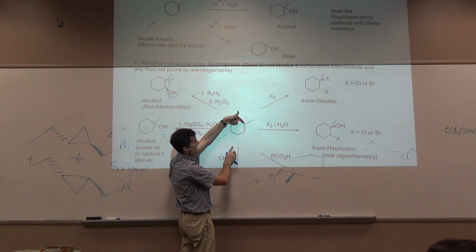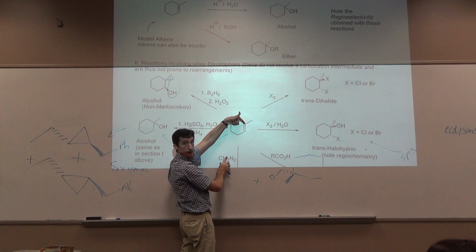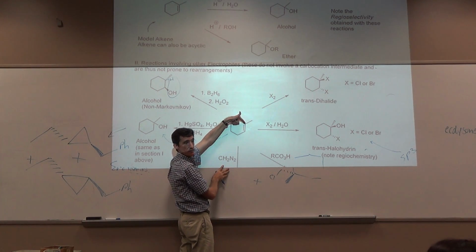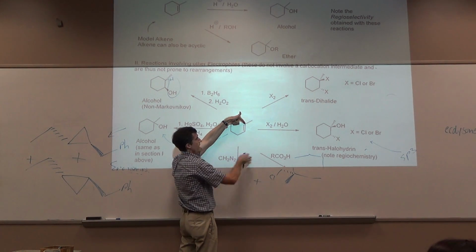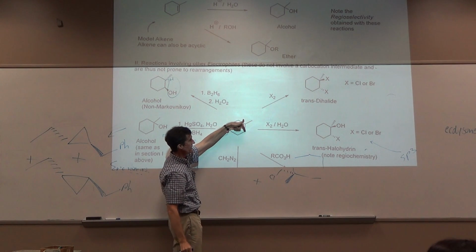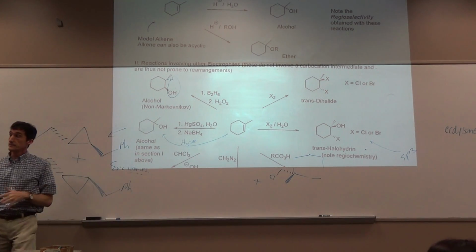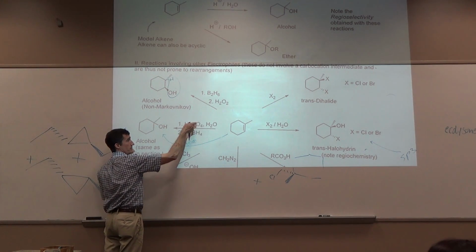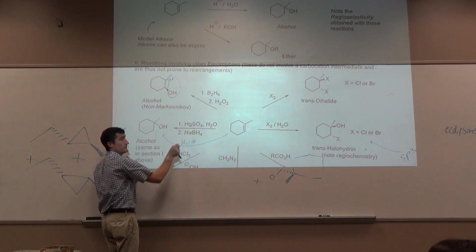And would you make cation at top or bottom? Top. You have a new H added there, cation at the top. Then what would add to the cation? Water. So you get an oxygen bonding up there, then you lose an H, and you'd have an OH there and an H here. That's what we got to. You see? This is mercury, by the way. This and H3O+ gives the same product.